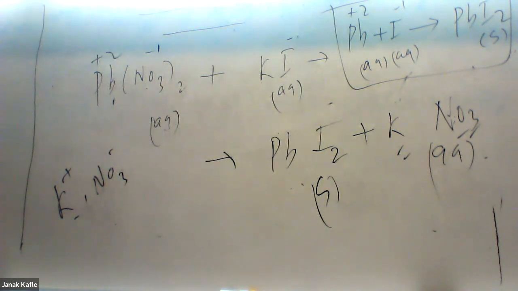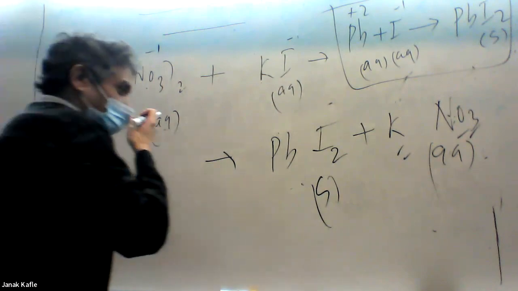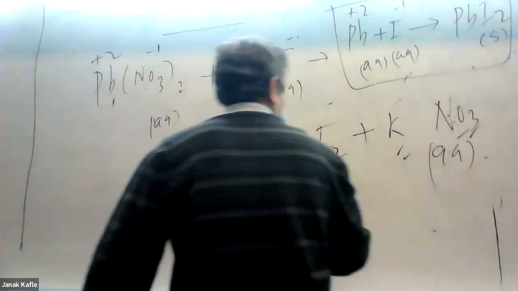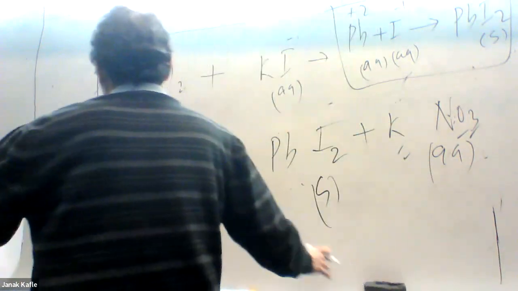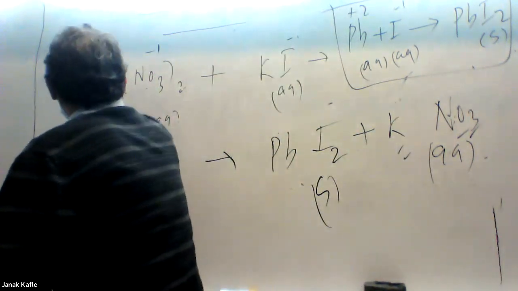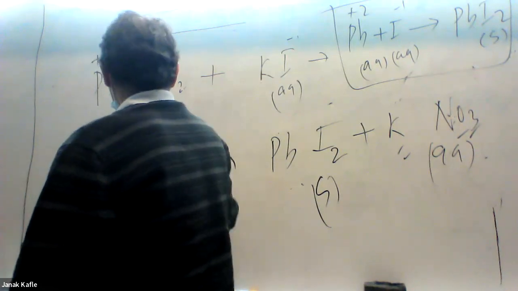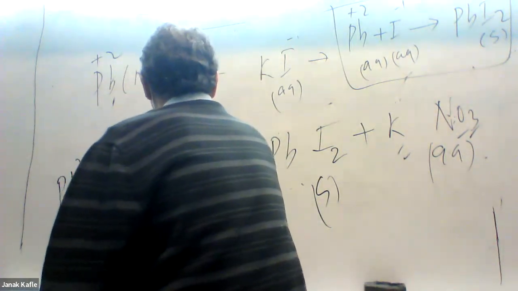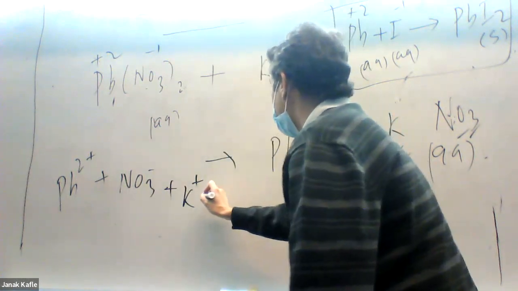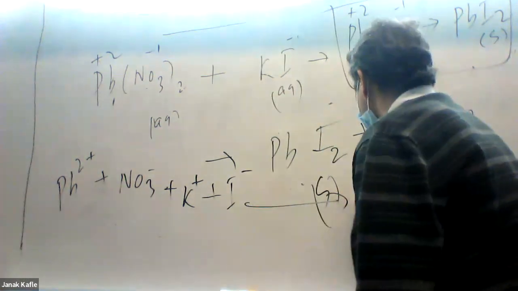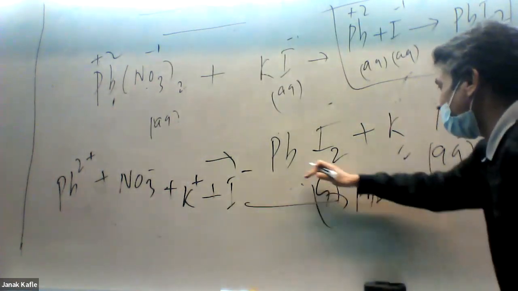Yeah. So you could write the full ionic form here also, like the total ionic form. So total ionic form is much easier to write. So you could write the total ionic form: Pb2+ and then NO3 minus, then K plus, this first plus, and the second is I minus, and then you just write the arrow here, PbI2 is just the solid there.